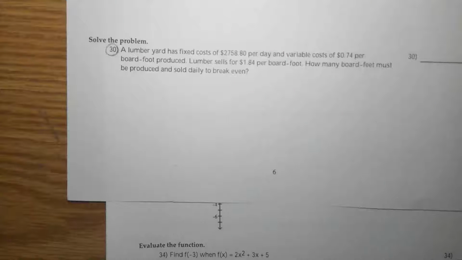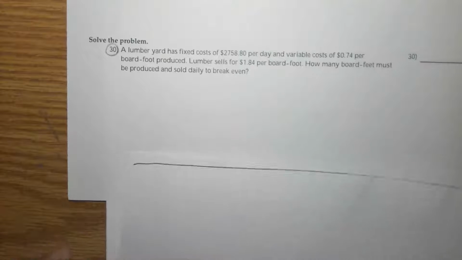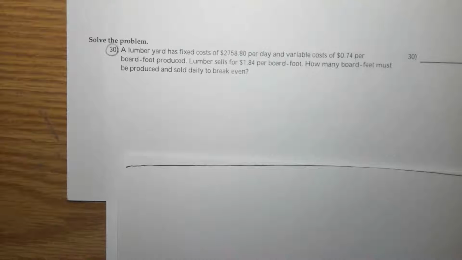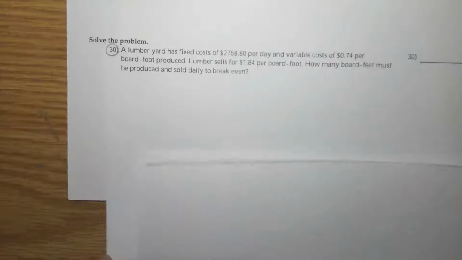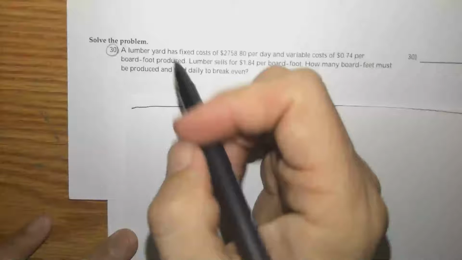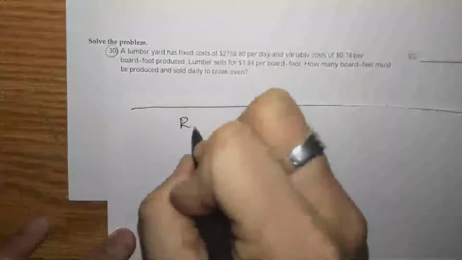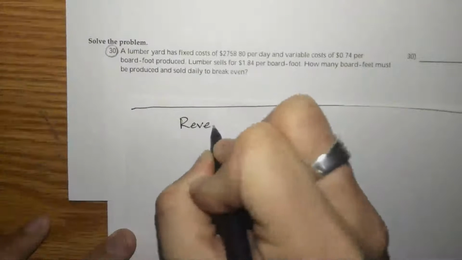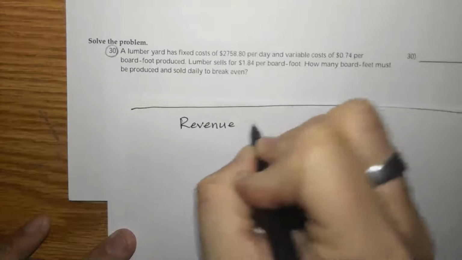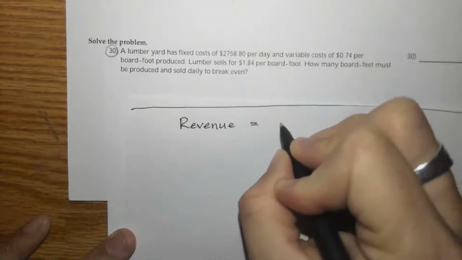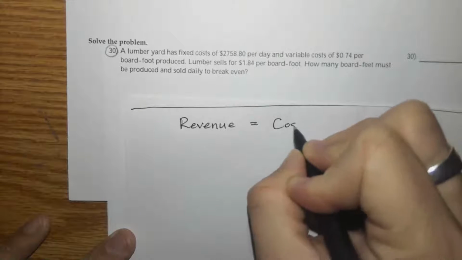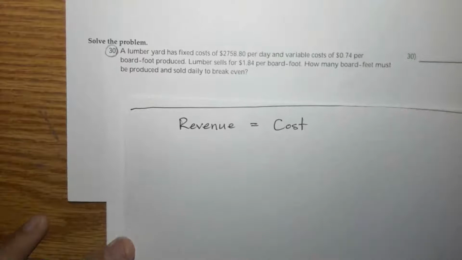The lumber sells for $1.84 per board foot. How many board feet must be produced and sold daily to break even? Now, what we're saying on this one is that the revenue that we bring in has to be equal to our cost. That's how we break even. It's when the money we're bringing in is the same as our cost.